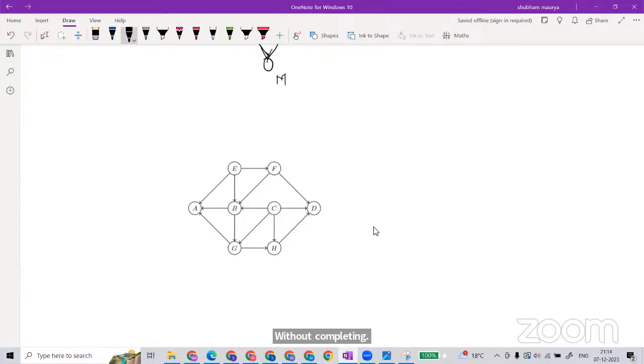If you want to go to subject G, then without completing subjects B and C, you cannot complete G. So whenever such a problem is there, in which order we will take the courses, that is what we are sorting, the vertices. That is called topological sorting.